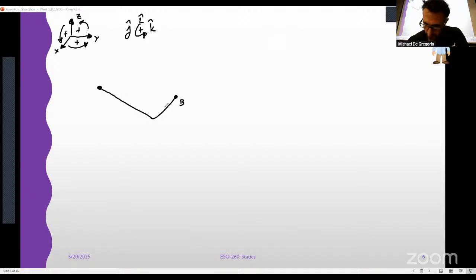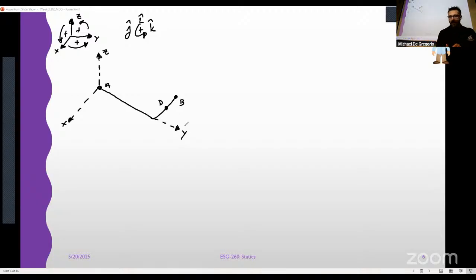We'll call this point B, and we'll call this point D. Here's point A. C, X. And I realize my drawing doesn't really match the angle that this is at, but it's not really the point of having that. The reason I want to draw this on the diagram is because I want to show that my bar from A to the bend is lying directly on our y-axis, and that's going to be pretty important.